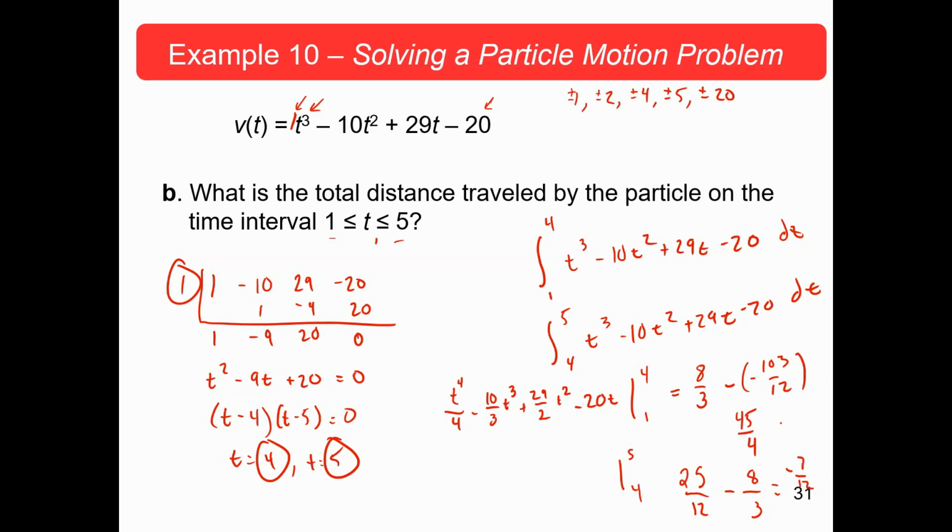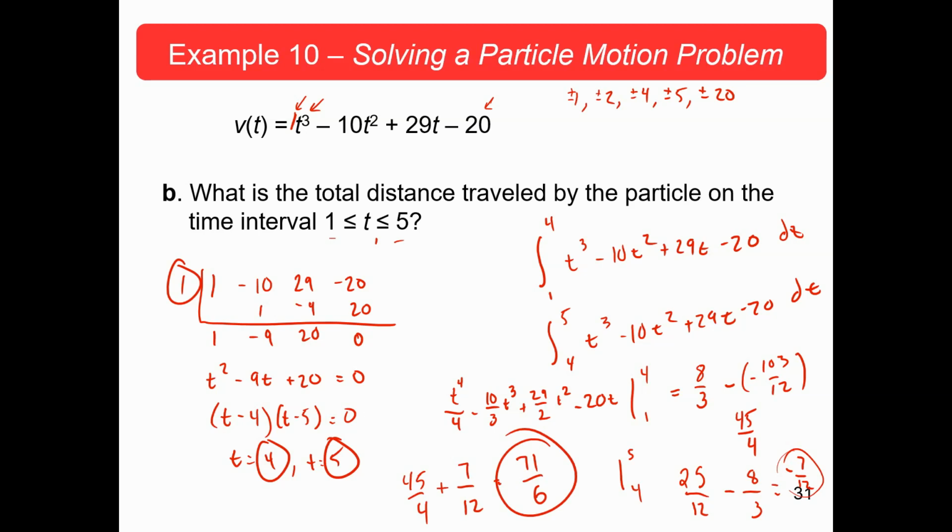So we can see that this is a negative number, which means we were going down. So we're going to say 45/4, take the absolute value of that, 7/12. 45/4 plus 7/12 equals 71 over 6.